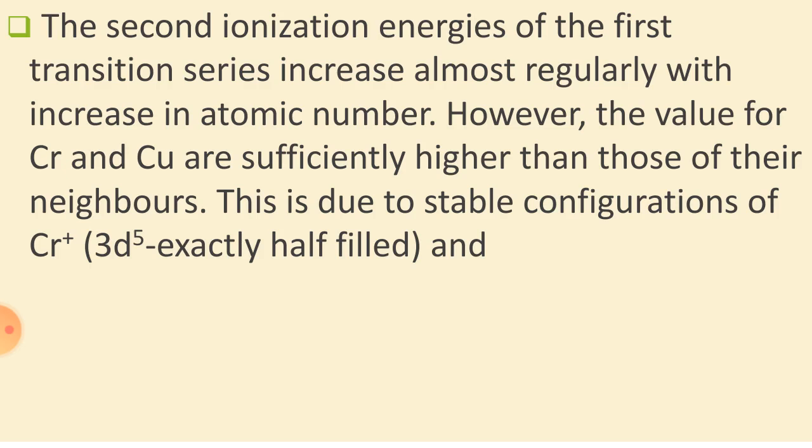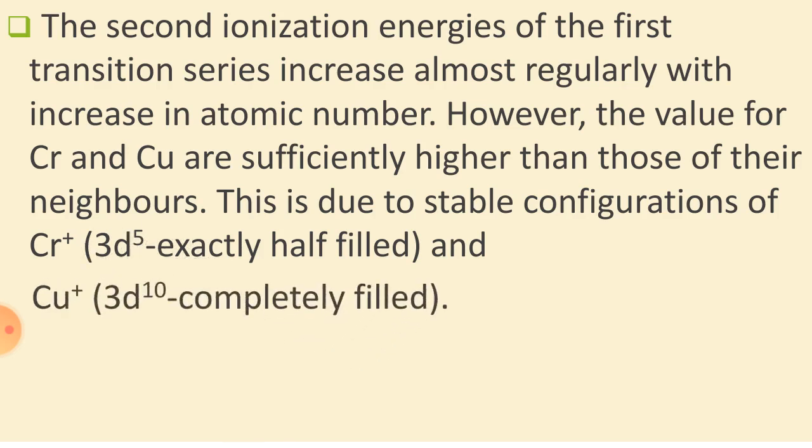This is due to the stable configuration of Cr+, which has 3d5 half filled configuration, and Cu+, which has 3d10 completely filled configuration. So when you remove the second electron in that condition, the second enthalpy of ionization is much more for chromium and copper. This is due to half filled and fully filled stability.